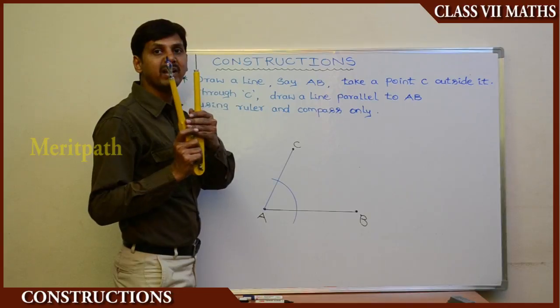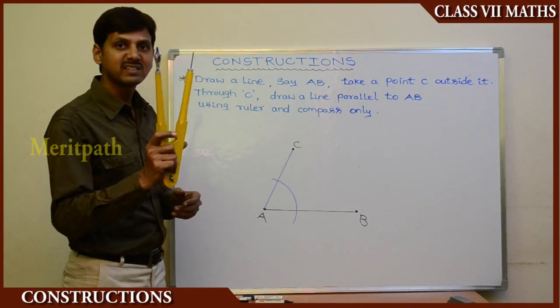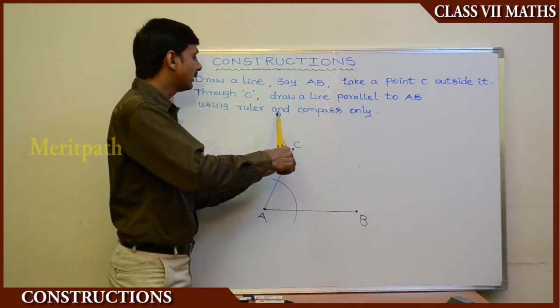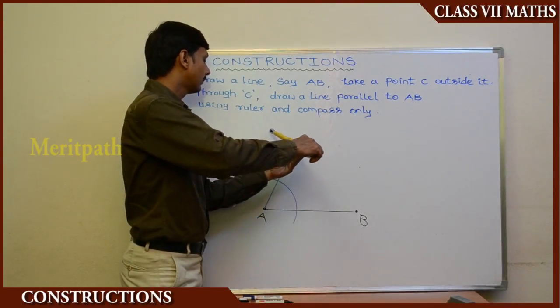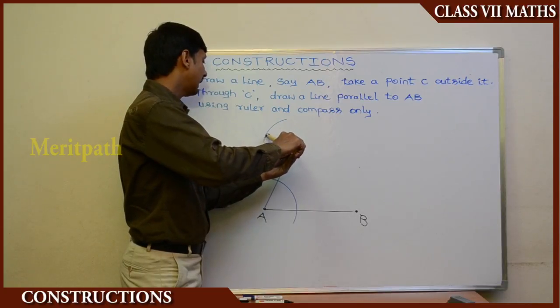We'll take the same radius that we took at A, and using the vertex C, we'll make an arc again.